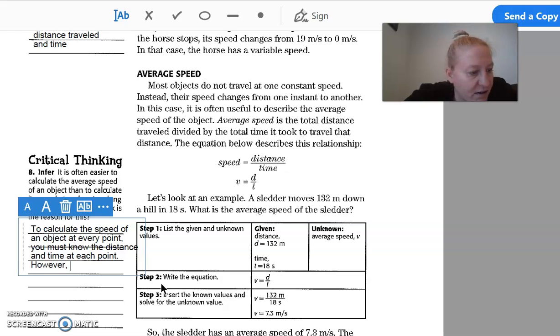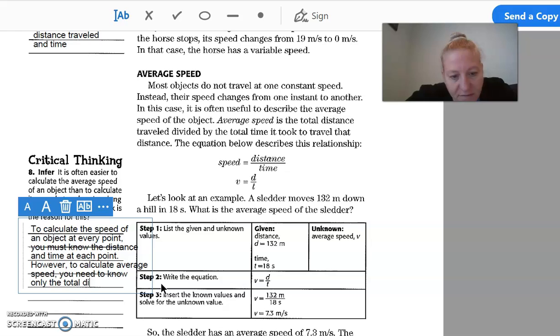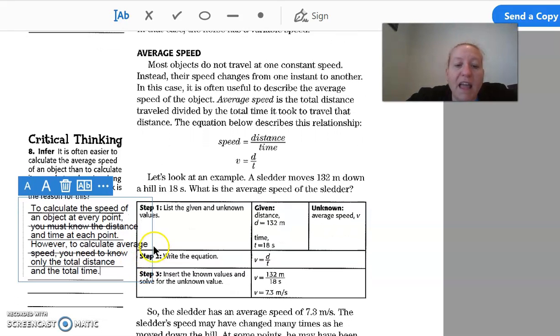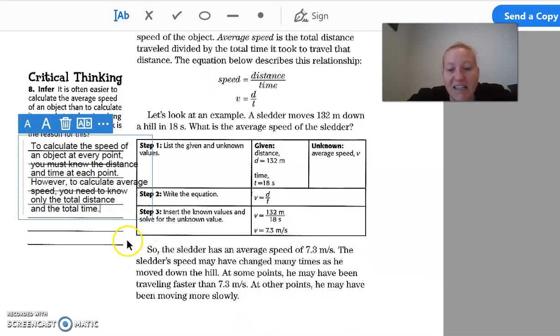However, to calculate average speed, you need to know only the total distance and the total time. So that is why it's easier to calculate the average speed instead of the speed at each point. So the sledder has an average speed of 7.3 meters per second.